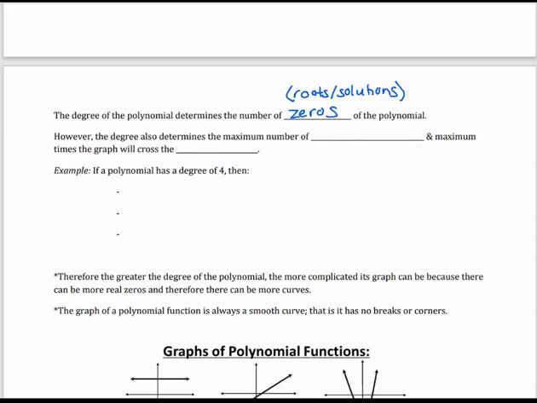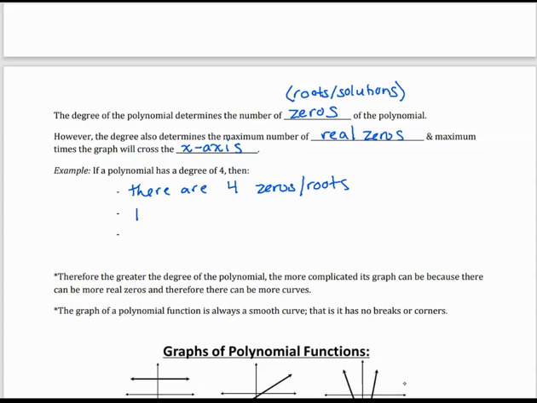They could repeat. So the degree also is going to determine just the maximum number of real zeros, and the maximum times the graph will cross the x-axis. So if my degree is 4, like this example says, then there are 4 zeros or roots.